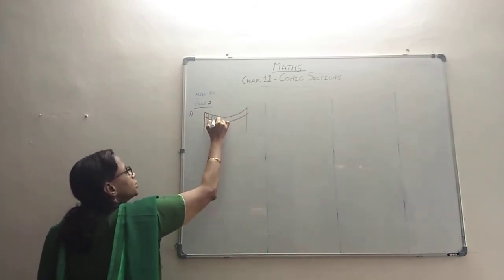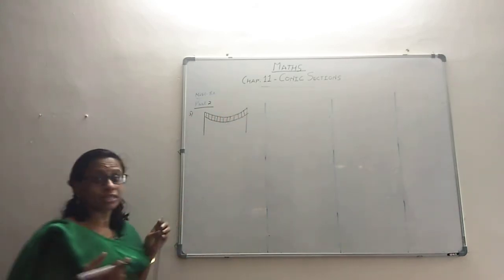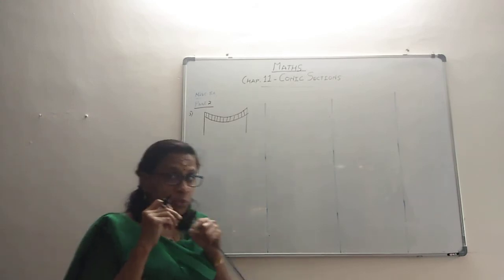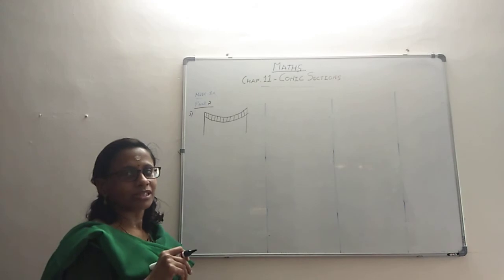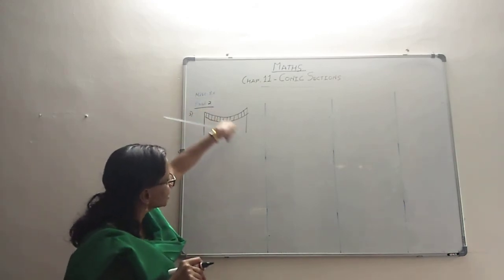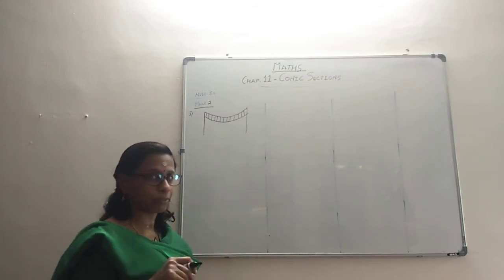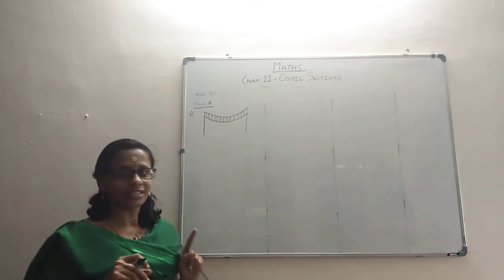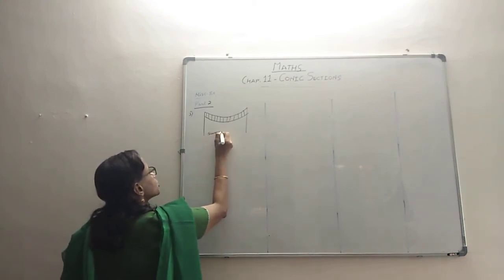It would be made with a rope, or some thick cloth, or sometimes plastic wires which are knitted very well, so that it will hang like this. Obviously when it hangs, it will form an upward-opening parabola. This is what we call a suspension bridge.